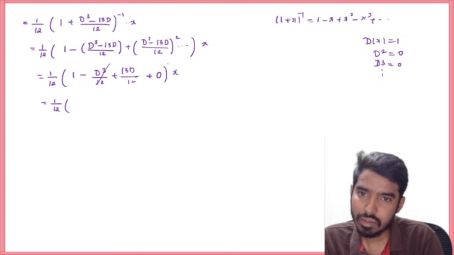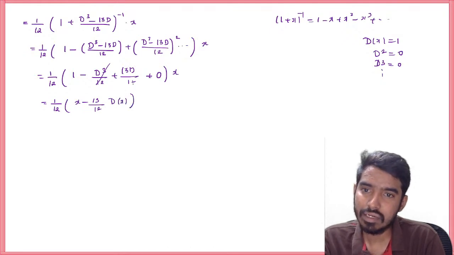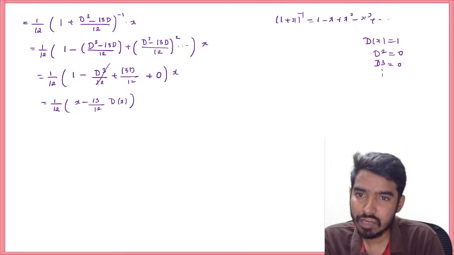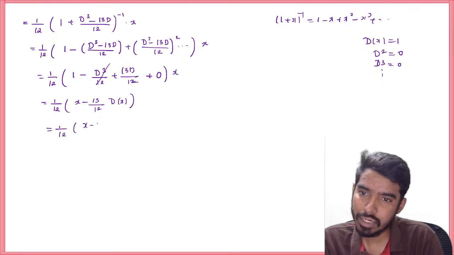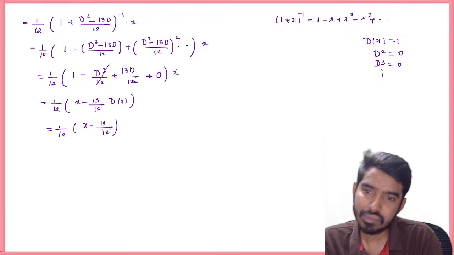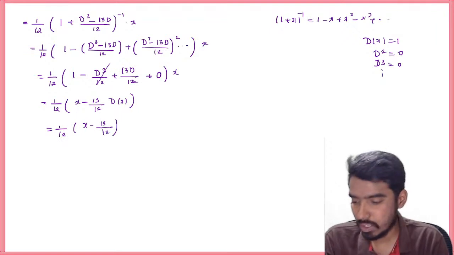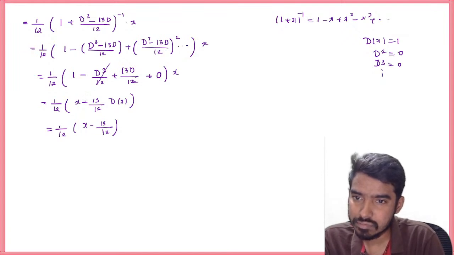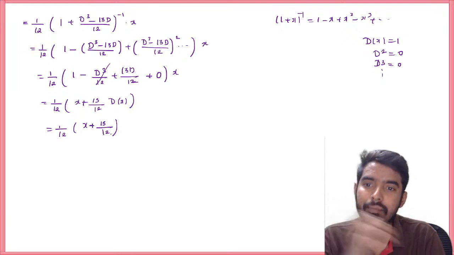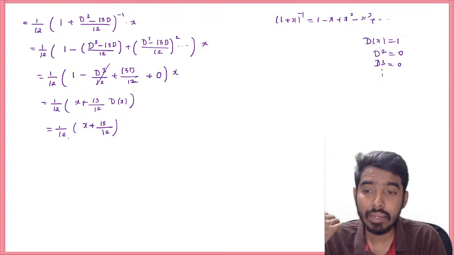So multiply x inside. So x minus 13 by 12 D of x. That's it, right? Okay, so D of x, the derivative of x, is 1. So we will have 1 minus 13 by 12. So this is your required, this is plus. So 1 by 12 x plus 13 by 12 is your partial integral.